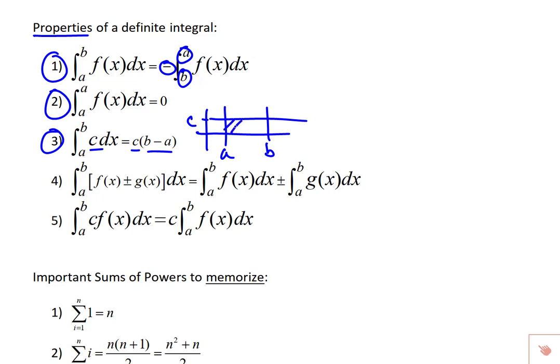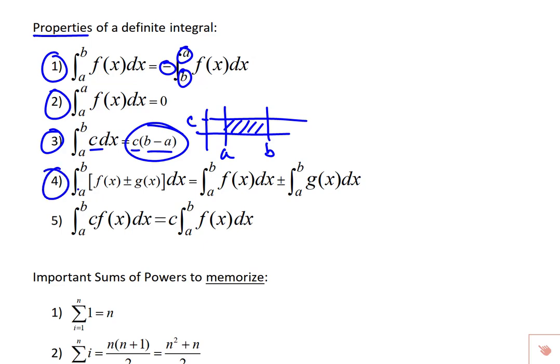In this simple picture, that's the area of this rectangle defined from a to b and 0 to c. The area of a rectangle is just base times height, which is exactly what this formula is conveying. C times b minus a would really just be the base times height of this rectangle. So it's just a helpful context in remembering what this all means.